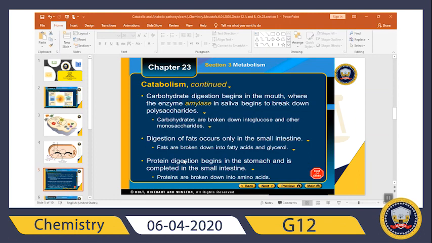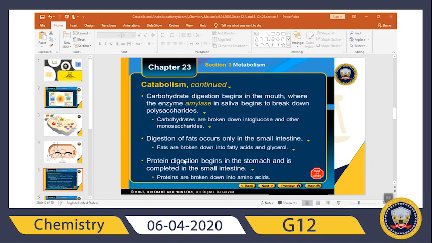Okay, then these polysaccharides or disaccharides will move to our stomach and small intestine for completing the digestion and production of glucose and other monosaccharides.